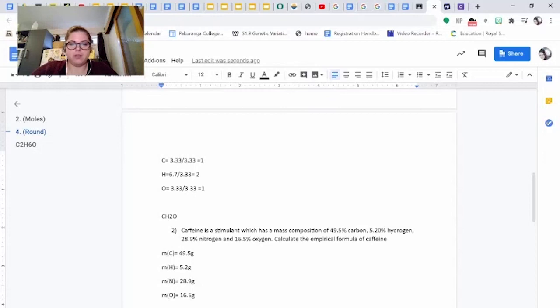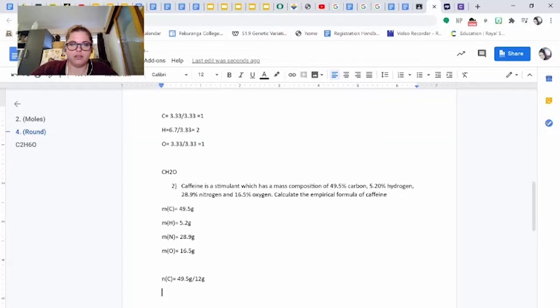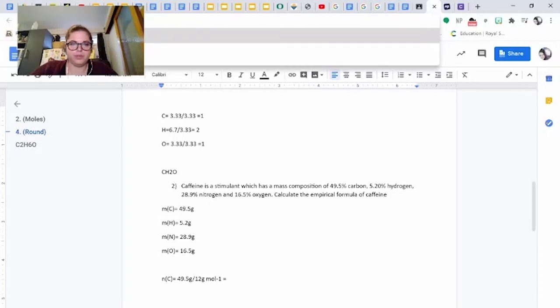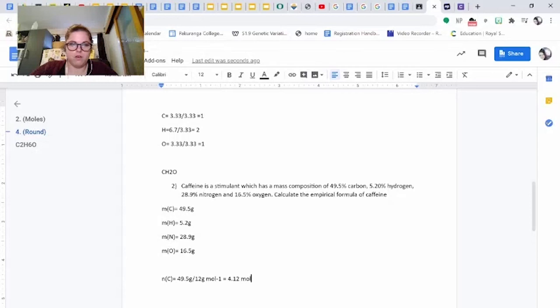So mass over molar mass, 49.5 grams divided by 12 grams per mole equals 4.12 mole. The moles of hydrogen equals 5.2 mole.